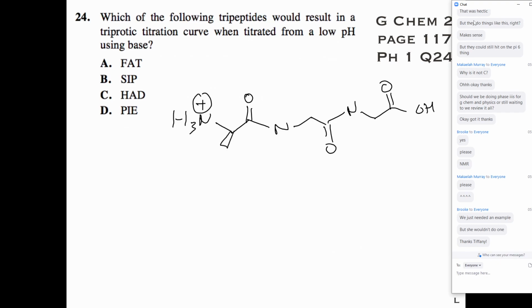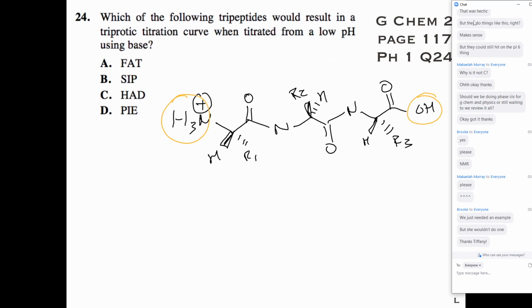There is R1, R2, and R3. For this to be triprotic, I have 1, 2, I need one other proton to be active. So help me out.